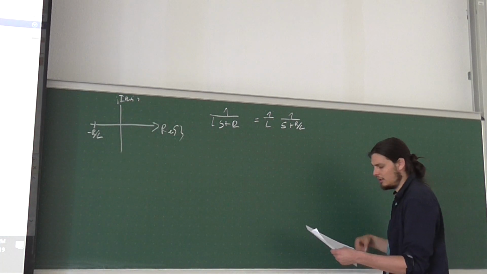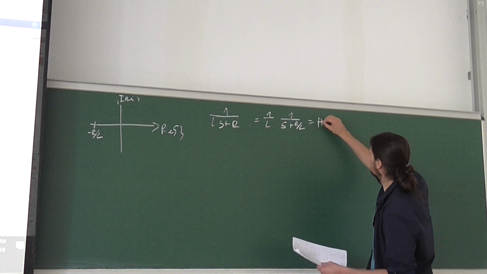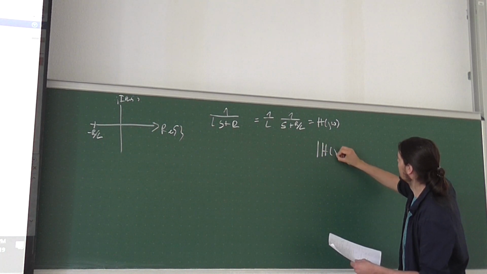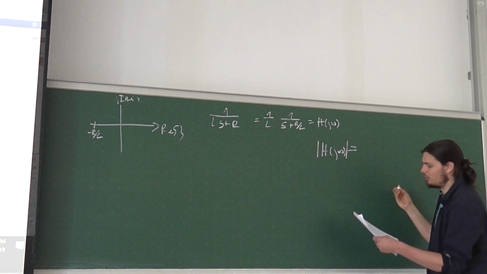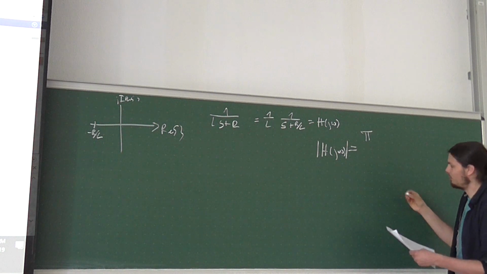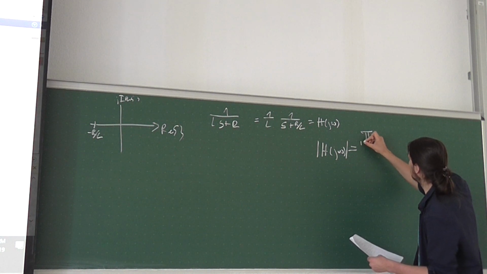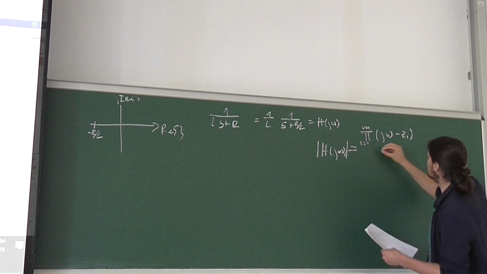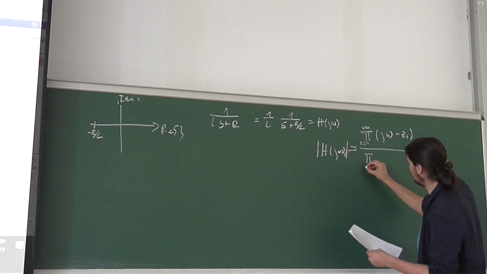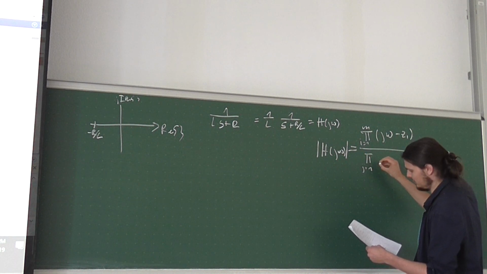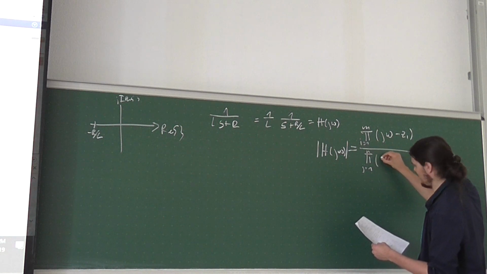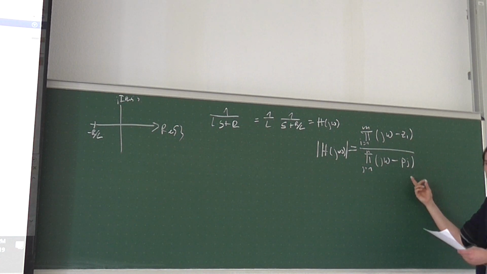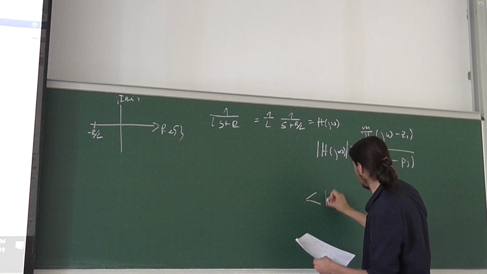If we now want to evaluate this, H of j omega, in the amplitude, in general what we do is the multiplication of all the amplitudes of every zero, and that's basically how we calculate the amplitude and the angle.